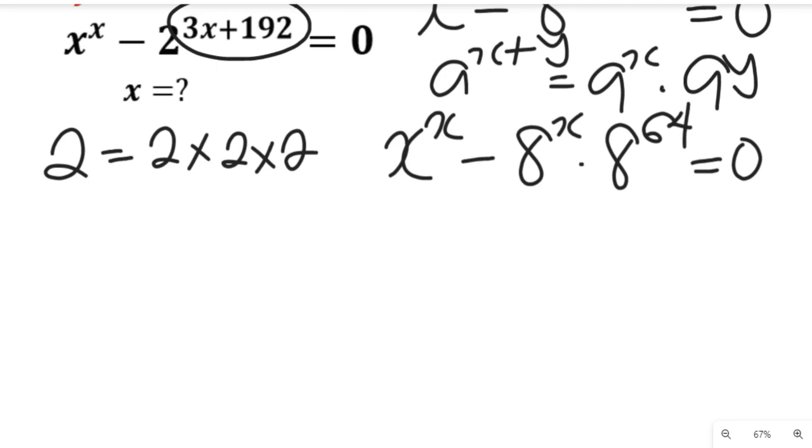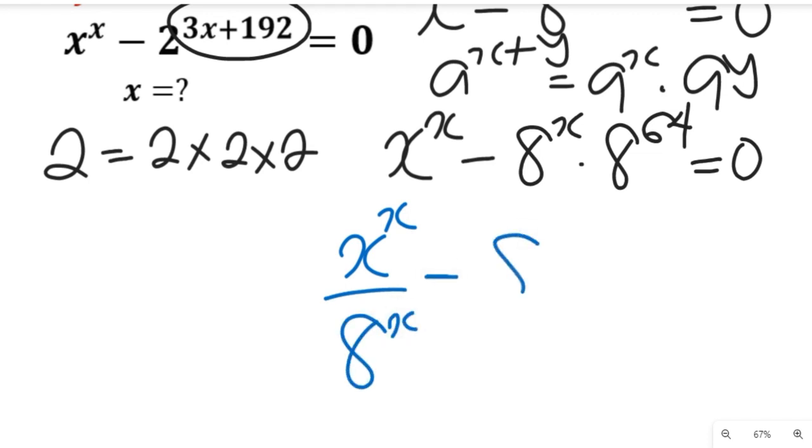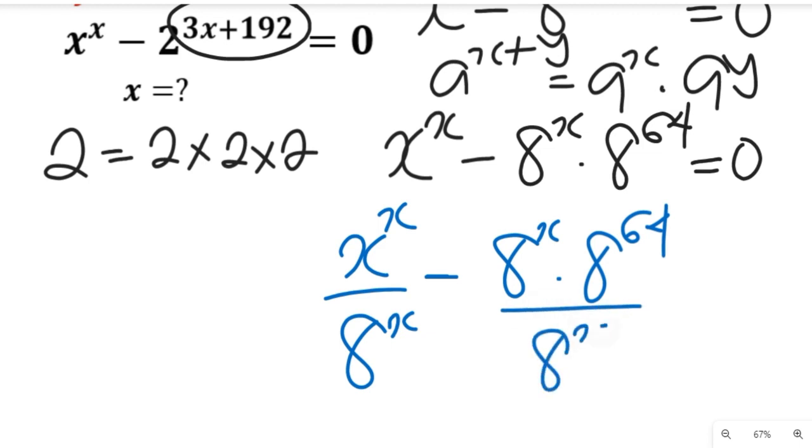If we divide through by 8 to the power of x, that expression becomes x to the power of x divided by 8 to the power of x, minus 8 to the power of x multiplied by 8 to the power of 64, all divided by 8 to the power of x, and this will be equal to 0.